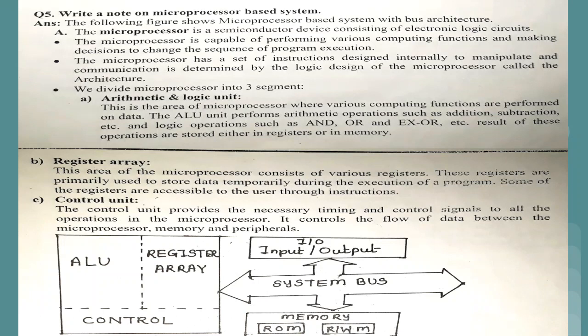We use read only memory to store the program, so it is also called program memory. Random access memory is used to store the data, so it is also called data memory. On this memory we can perform write as well as read operations.